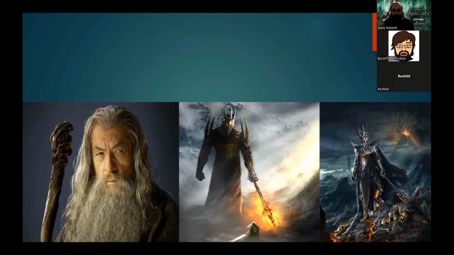Morgoth was the main antagonist of the Silmarillion. And then we have Sauron, the Great Eye of Sauron. There's really no need to explain that. He took the idea of Odin's one eye and imposed it on Sauron. That's really it.